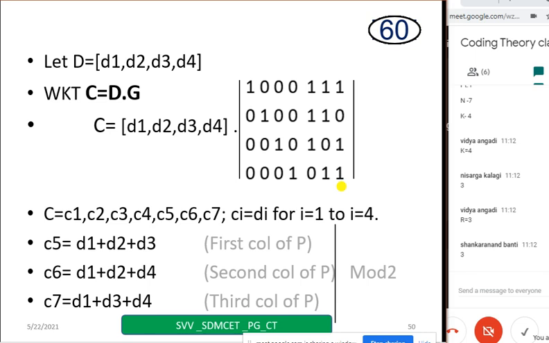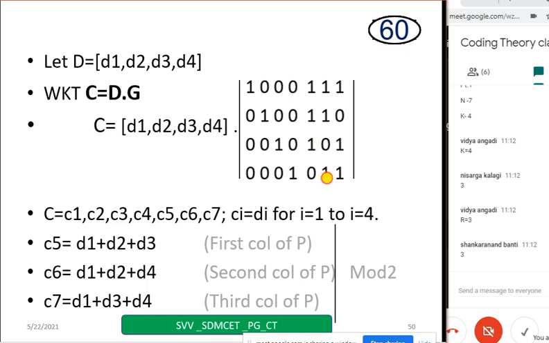C is equal to, I have to write D into G. So D1, D2, D3, D4 and identity matrix you can see 4 cross 4, therefore D is 4 and I am multiplying. What I have to do to get the first parity bit, first, second, third bit I have to add. To get the next parity bit, first, second, next bit I have to add.